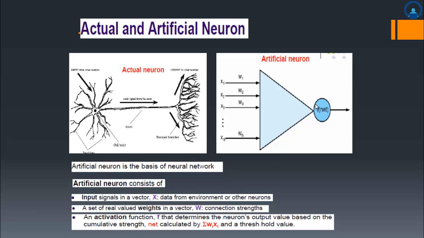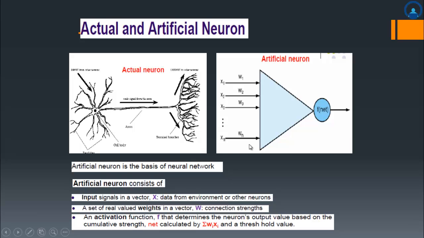That consists of input signals, xi, starting from x1 to xn. This data may come from the environment or the activation of other neurons. Different models vary in the allowable range of the input values. Typically inputs are in the set 0, 1, or -1, 1, or real numbers. Next we have a set of real-valued weights, w1 to wn, that is wi.